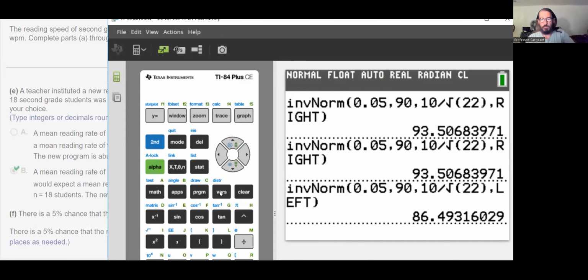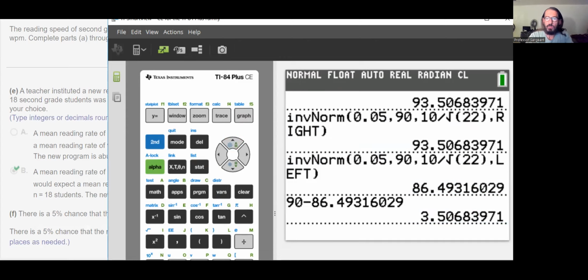Because of the symmetry of normal distributions, if I find out how far that score on the left is from the mean, and then add that amount to the mean, then I should get the same answer of the 93.506 something. Let me just do this.